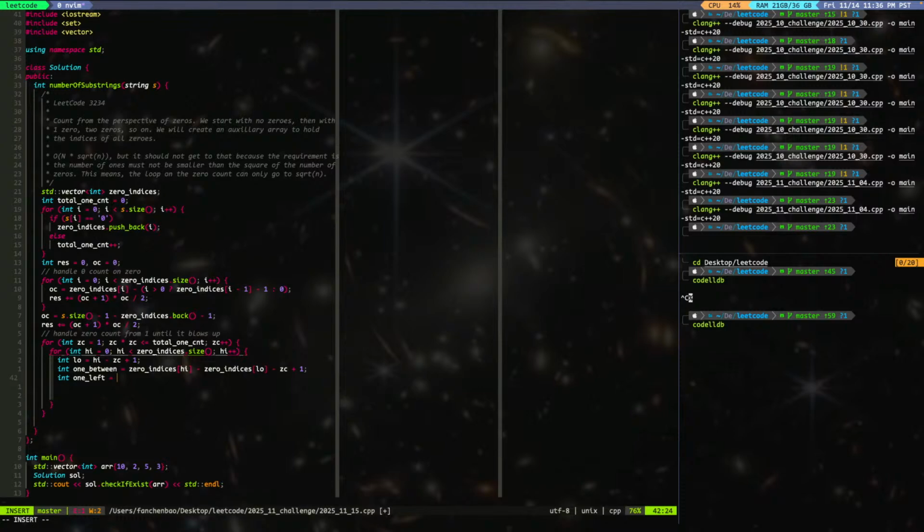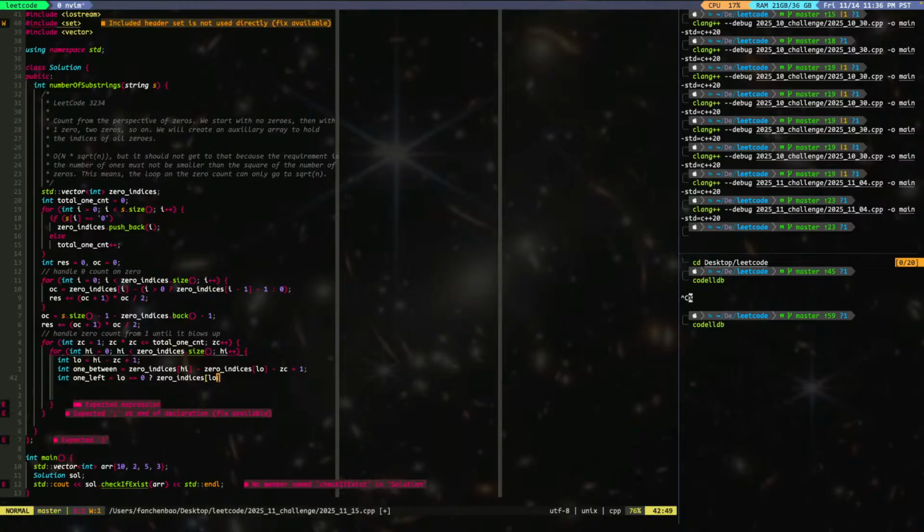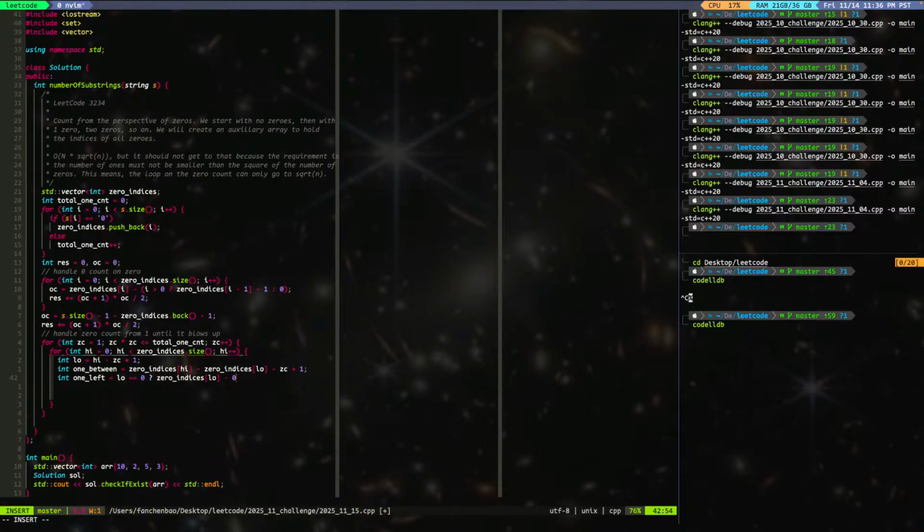So it depends on if low is equal to 0. So we don't have anything to the left. So what we're gonna have is 0 indices low minus 0, right? So this minus 1 in between. Is that right?